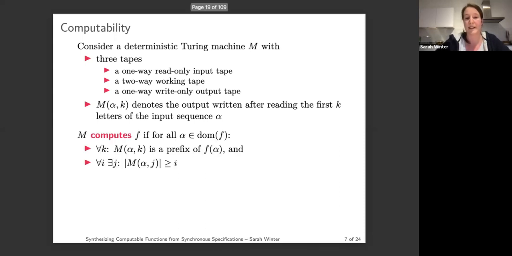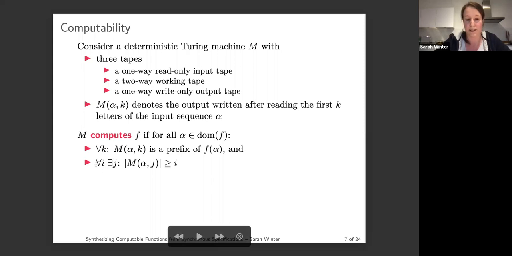And then we can say that a Turing machine of such a form computes a function f if for all inputs alpha in the domain of the function, we obviously have to have that the output produced by the Turing machine is a prefix of the function value assigned by the function, and that we can produce longer and longer outputs, which is set by the second condition.